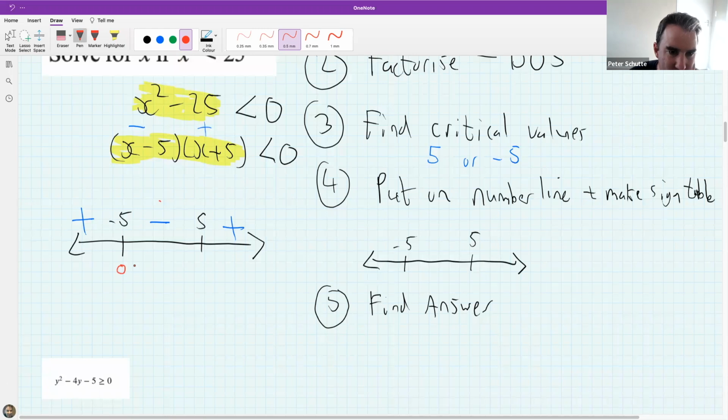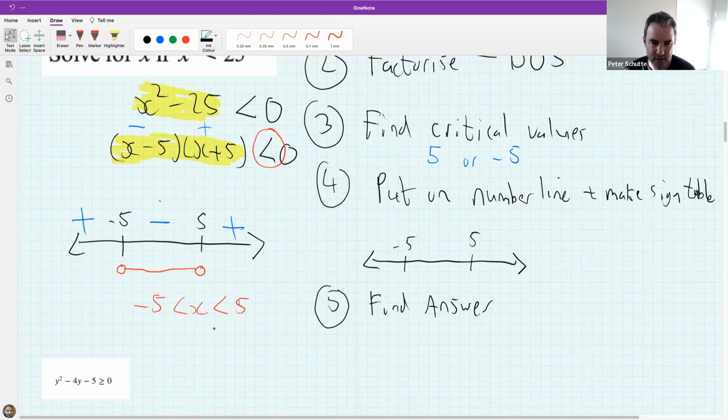I think because I need it to be less than naught, it has to be here, between here and here. So it doesn't include 5 and minus 5 because this thing is strictly less than naught. And so my answer would just be x is between minus 5 and 5.